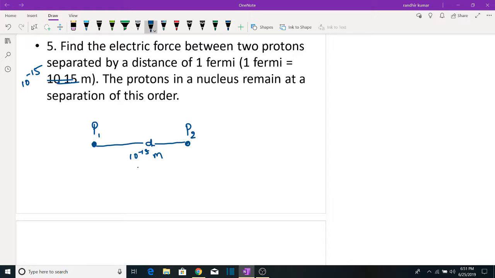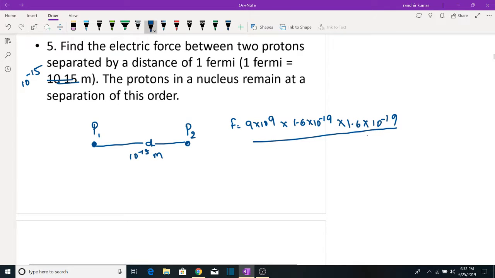Now we find the force. So force is equal to 9 into 10 to the power 9, applying Coulomb's law, into proton charge 1.6 into 10 to the power minus 19, into 1.6 into 10 to the power minus 19, upon (10 to the power minus 15) square.